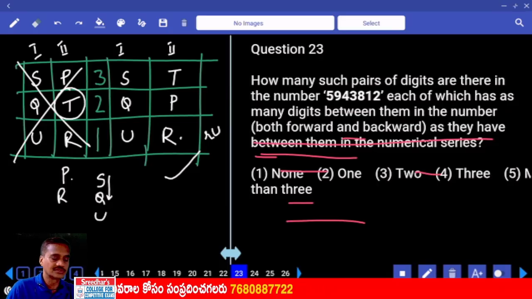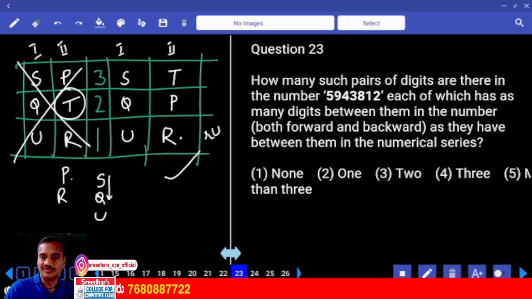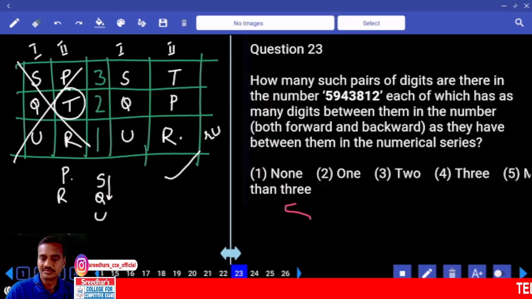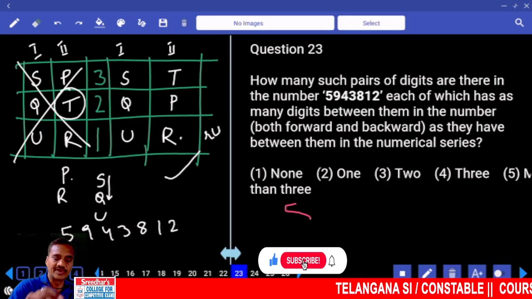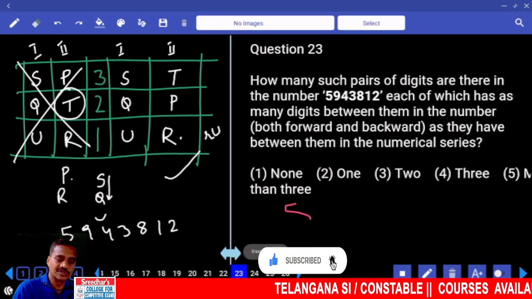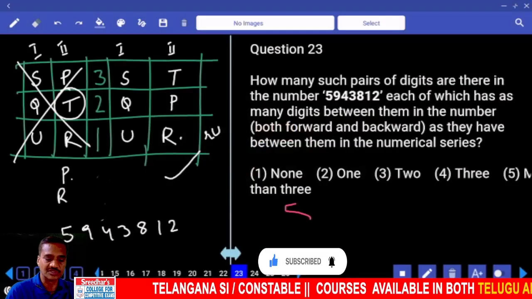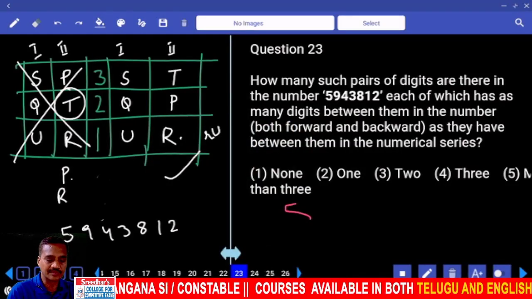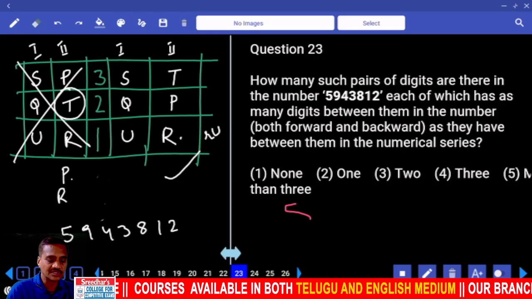Then 23rd. Now in this question number 23, how many such pairs of digits are there? What is the number we have? 59. Now 5943812. Now 5943812 is the number we have. Then in this one, how many such pairs of digits are there? 5, 6, 7, 8, 9. 9, 4, 5, 6, 7, 8. 3, 4, 5, 6, 8, 9.